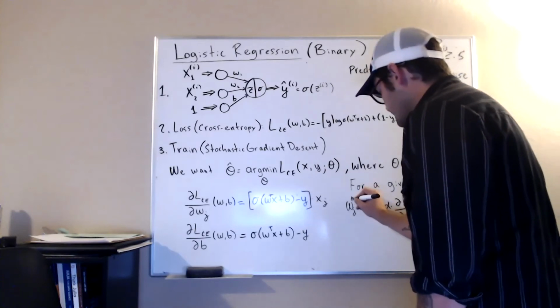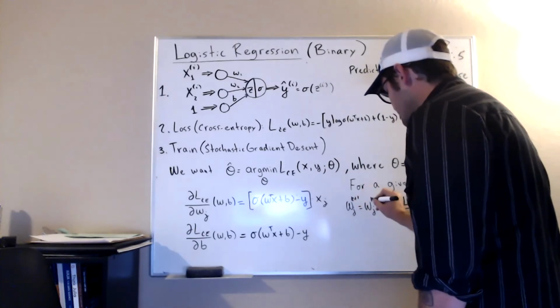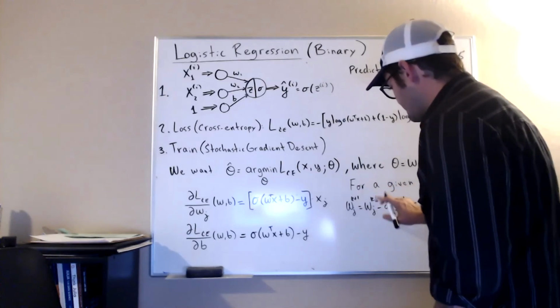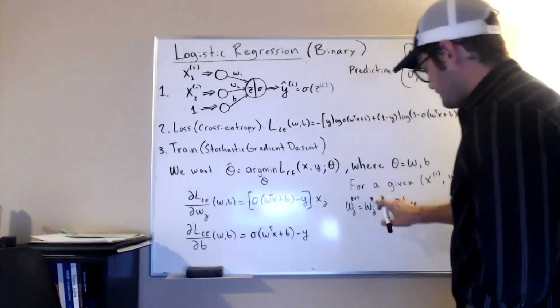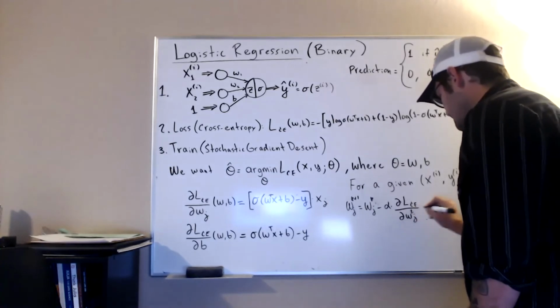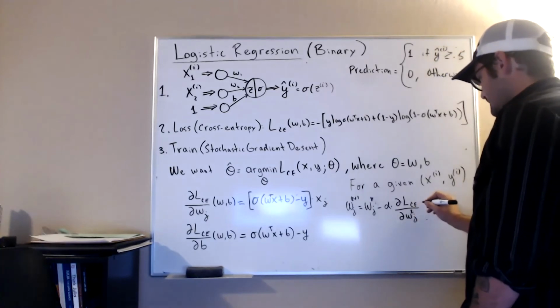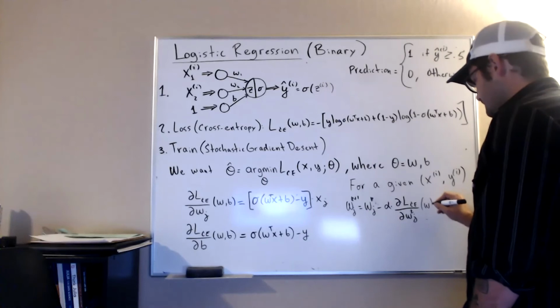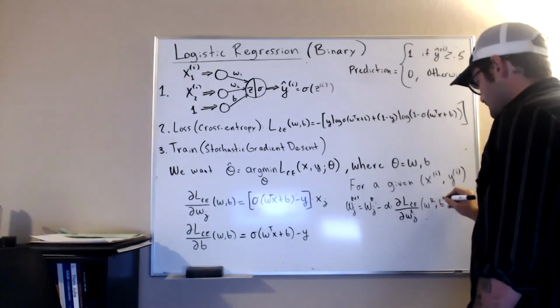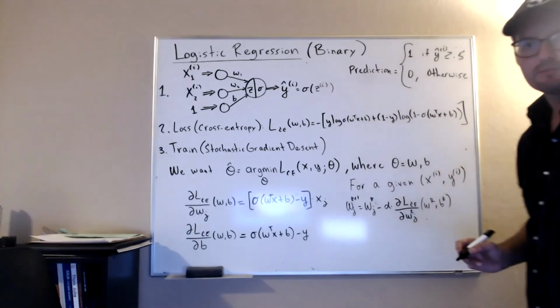So this is like k plus 1, k plus 1, no, just k. This is just k at the kth iteration of our step.